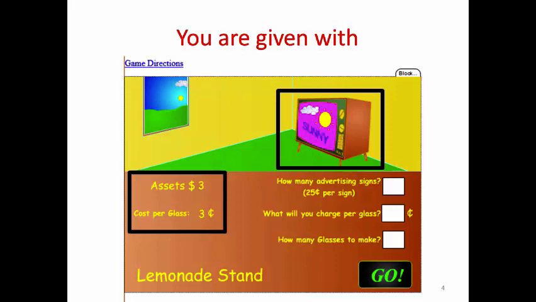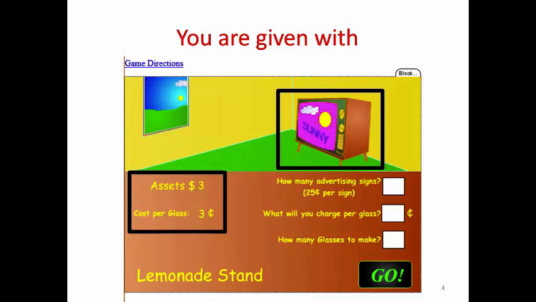In this picture, you can see that it costs 3 cents per glass to produce a glass of lemonade. Therefore, your price for the first round should be higher than 3 cents per glass to make profits, at least in the first round. The cost will change every round, reflecting the higher or lower prices for lemons and sugar.